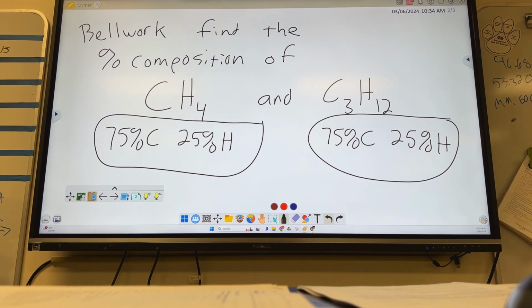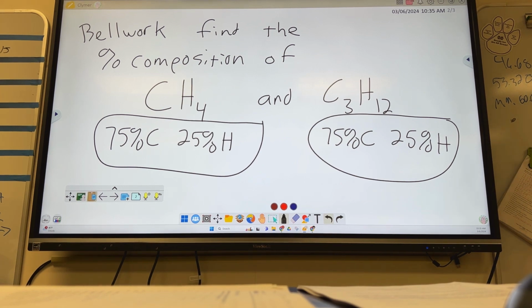What we learned yesterday, empirical formula, what was the definition of that? Look on your notes. Simplest ratio of atoms in a compound. This is important. This is a key concept.